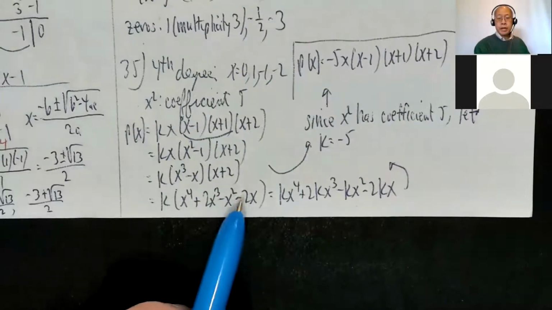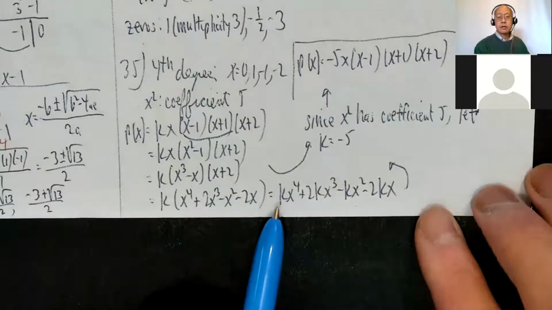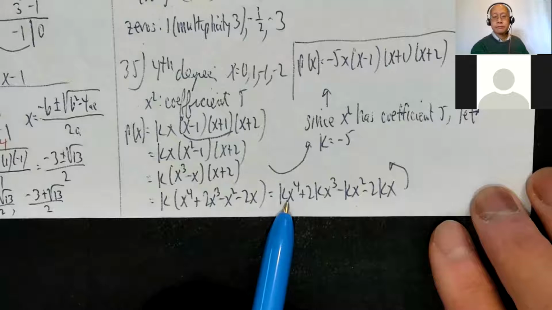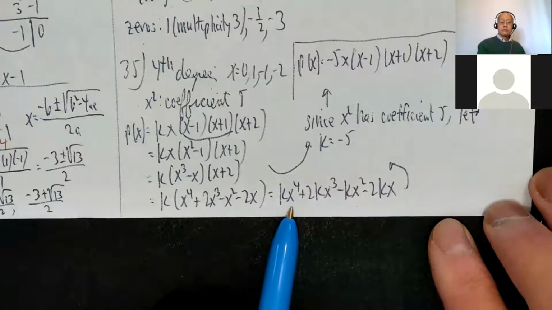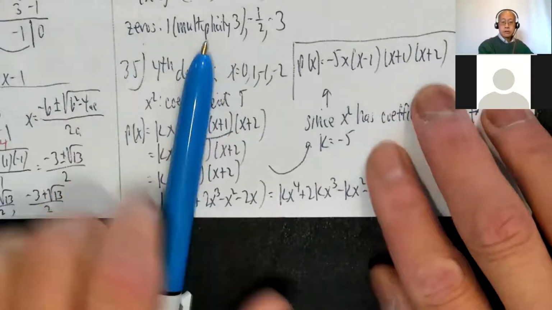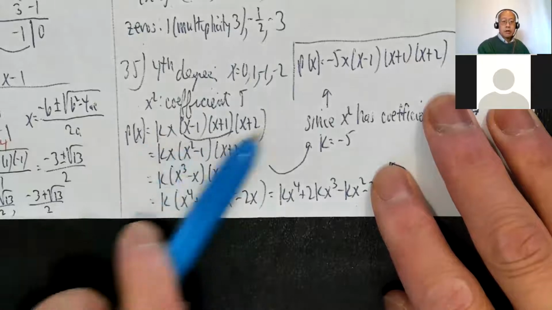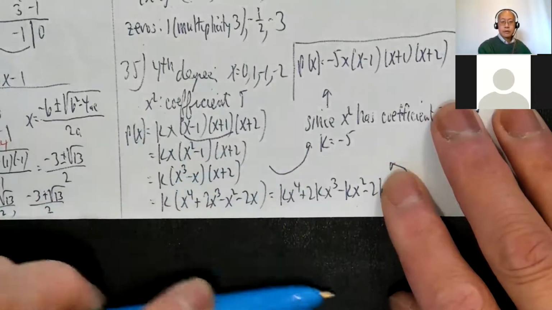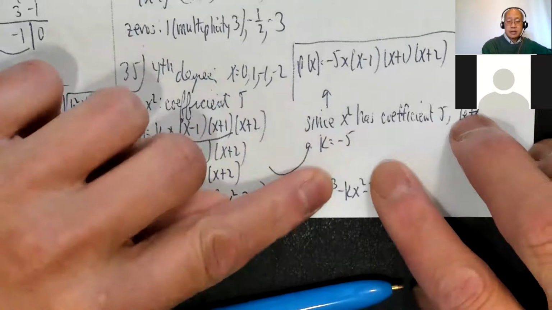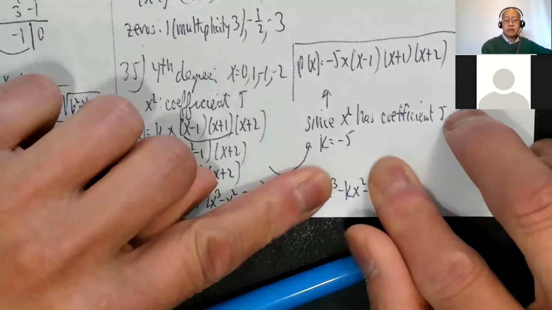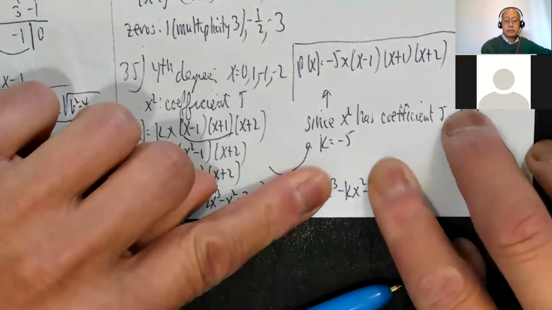Bonnie, what was your question again down here? Sorry, I didn't mean to interrupt you. The question has coefficient 5. So where does the negative 5 come from? All of this comes out to be this stuff. And that means negative kx squared has to equal 5x squared.